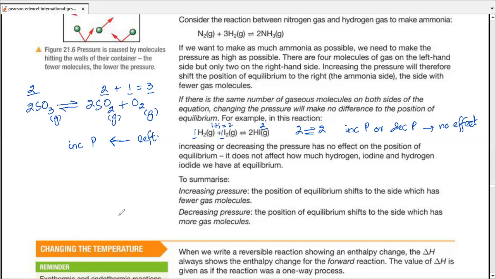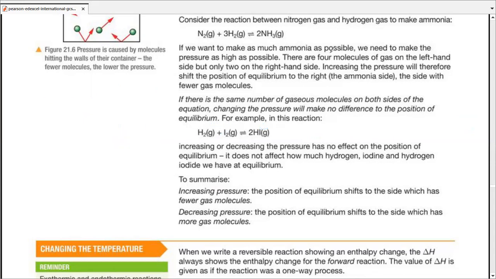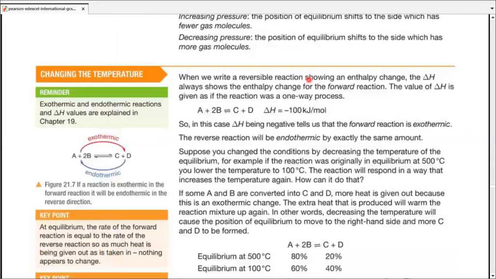We should decrease the pressure in order to take it towards the product side. Make sense? Can we move on? Yes. All right, great. So next effect, changing the temperature.